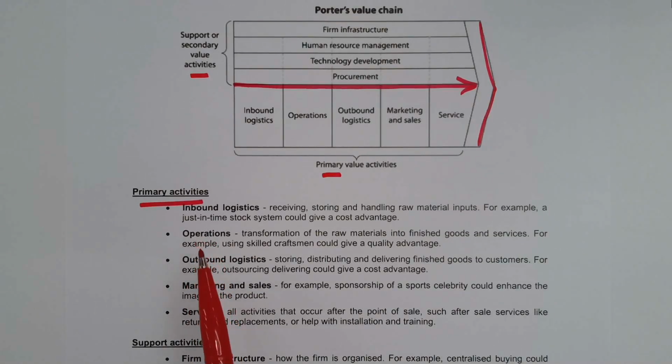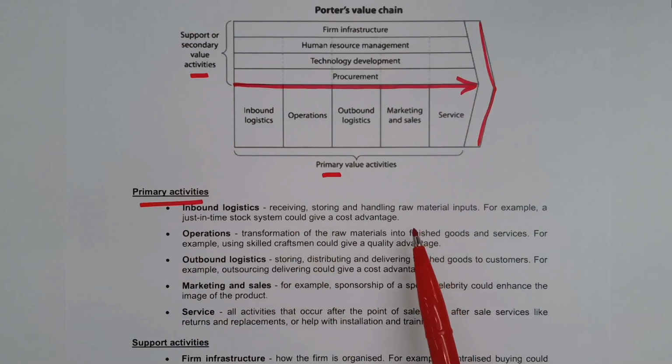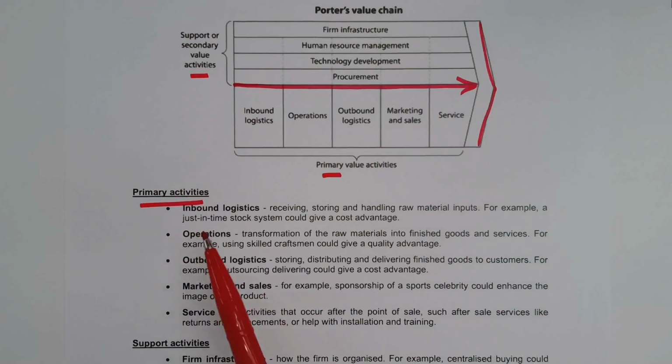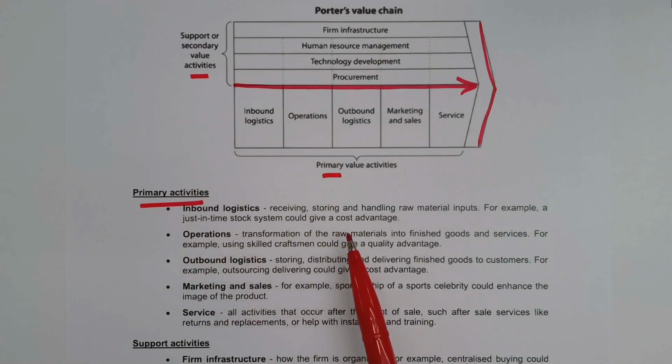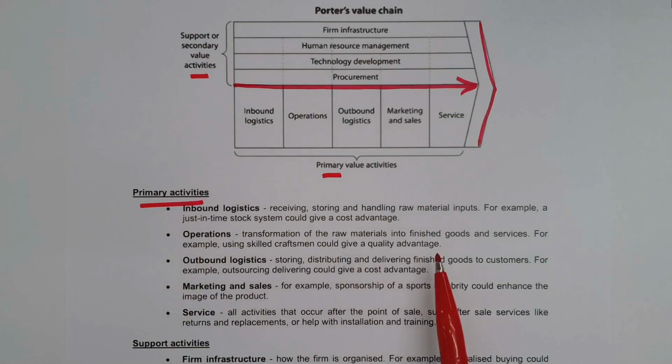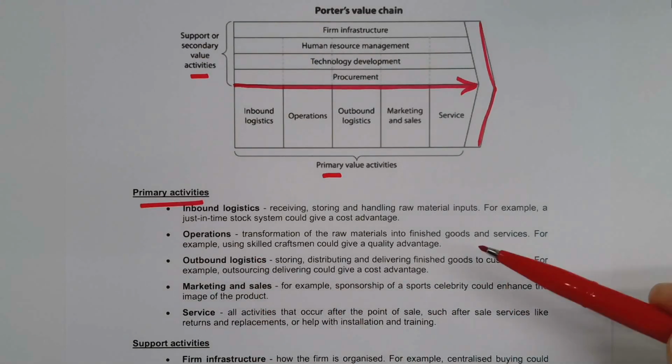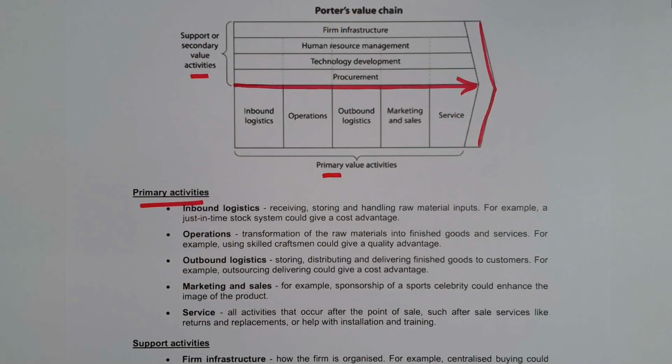So inbound, for instance, is looking at how we receive, how we store, how we handle raw materials. This would be from our suppliers. So if we had, for instance, a just-in-time stock system, that could give us a cost advantage. We've got operations, transforming the raw material into finished goods and services. If we use, for instance, skilled craftsmen, this could give us a quality advantage.